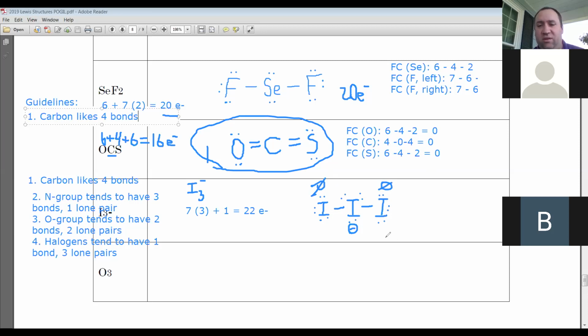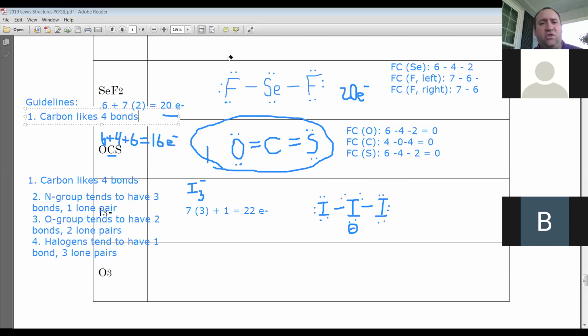We can calculate that: 7 valence minus 6 dots minus 2 bonds gives us that -1 charge. So we can show it this way, where the -1 charge is on the middle and the 0 charges are on the sides. And if there's 0 charges, I don't actually have to show them.